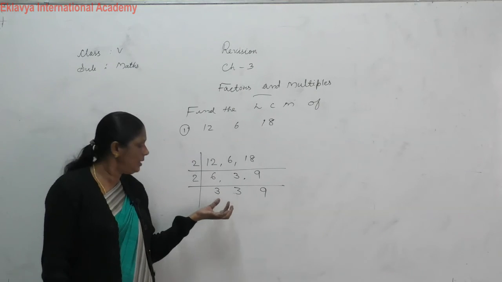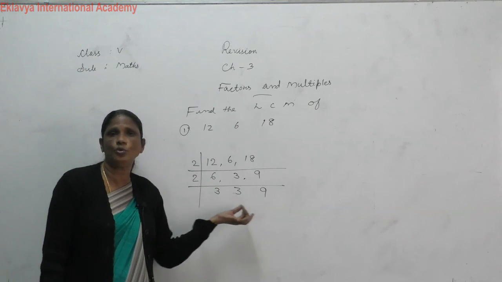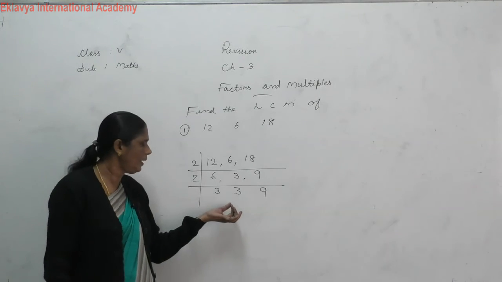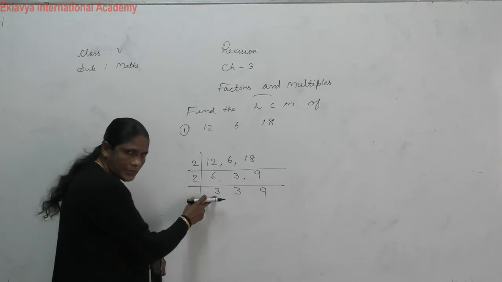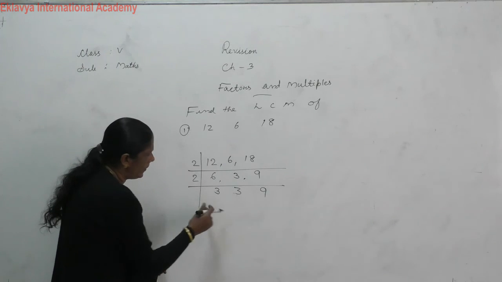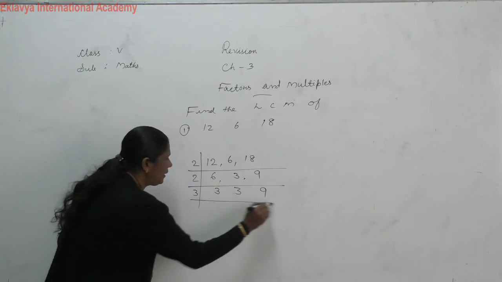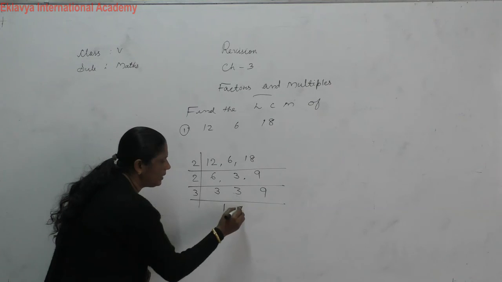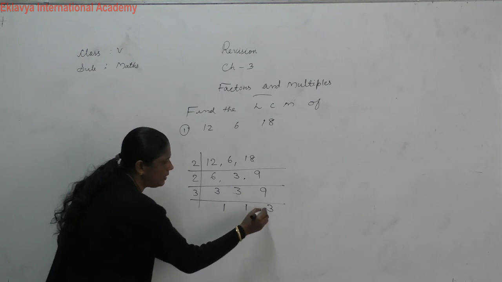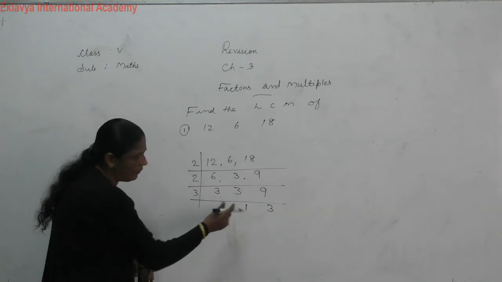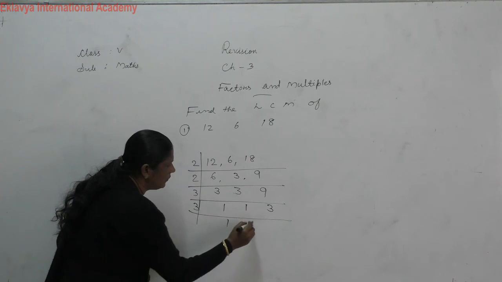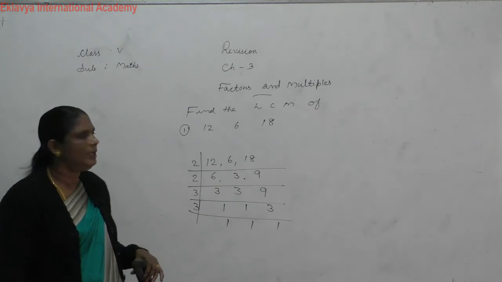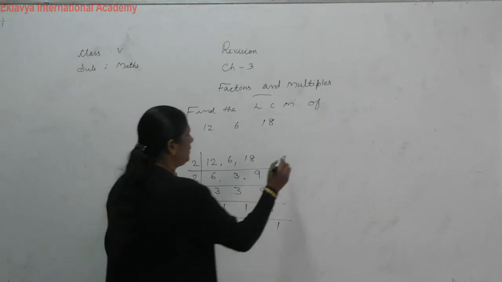Then again you check, is this number divisible by 2? No. Then the next prime number is 3. Is 3 divisible by 3? Yes, both. Then how many times does 3 go? 1 time here, 1 here, 3. These both become 1. Then next again 3, 1, 1, 1. Now you multiply this.